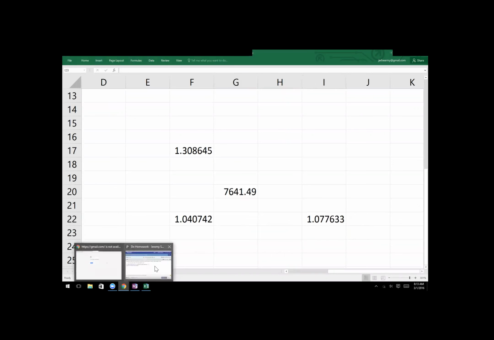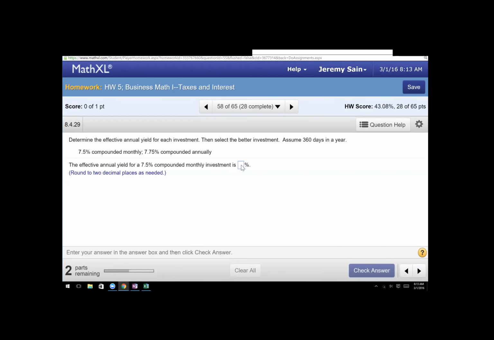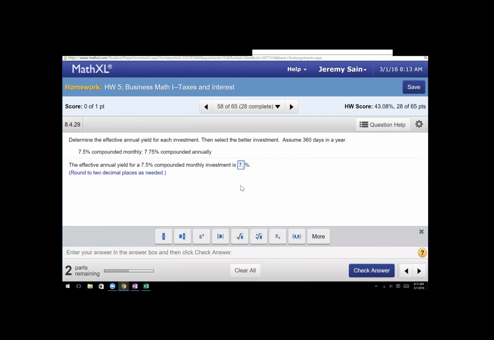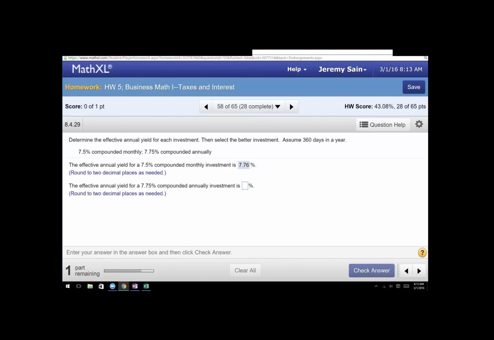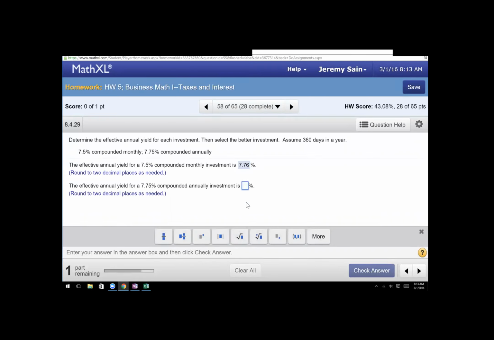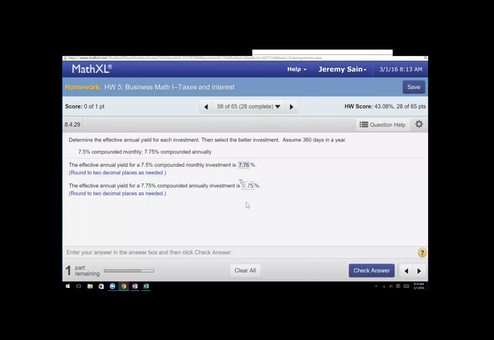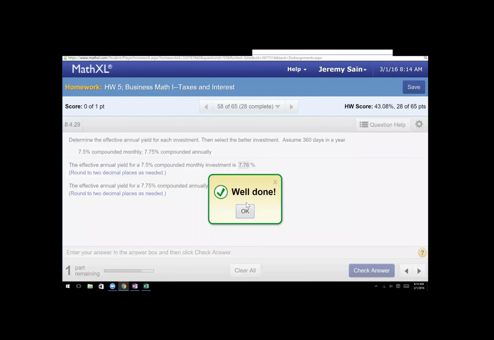To 2 decimal places, yep, 7.76. So is that better than 7.75? Well, this one is kind of like asking what color is a white horse. They already gave us that it's compounded annually, so what's the effective annual yield? It's 7.75.